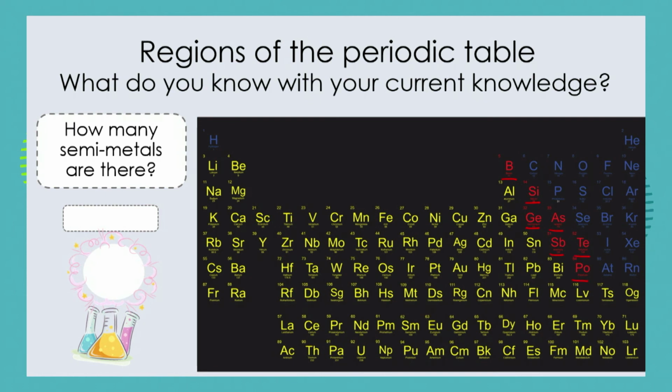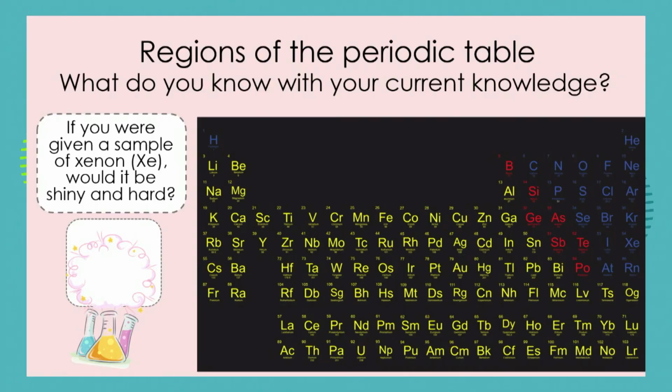We know that there are 7 semi-metals. The semi-metals are the rarest group of elements on the periodic table. We can see that metals dominate, and the semi-metals are the least abundant elements.